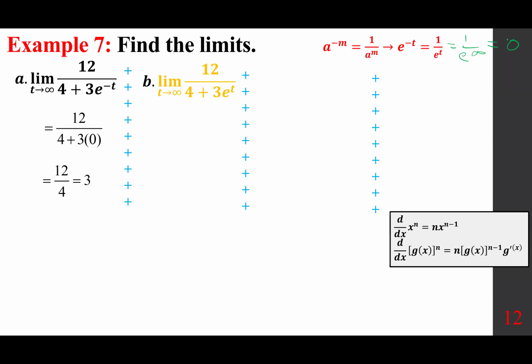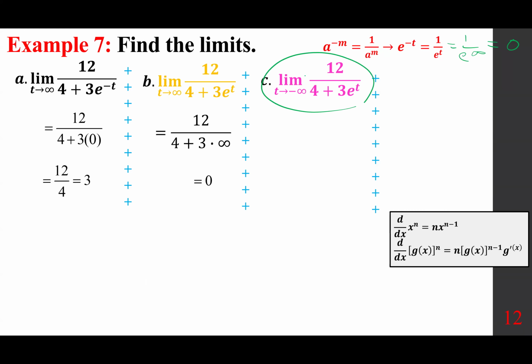What about this one? If t is approaching infinity, so does e to the power of t. And infinity times a positive number is still infinity. And so the answer is 0. Part C becomes identical to part A because in this case, it's e to the power minus t and t is approaching infinity, so it gives us e to the power minus infinity.